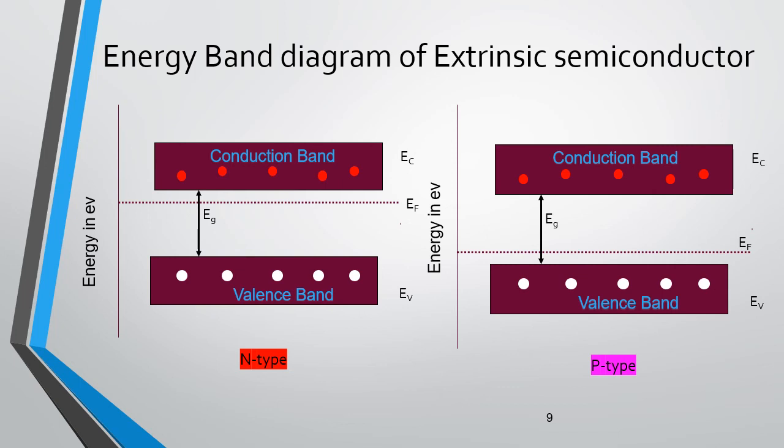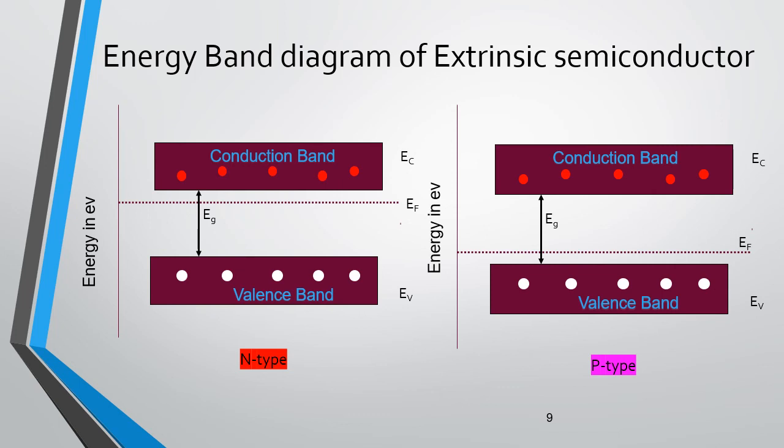For pure semiconductor, your Fermi level is at the center, at the middle, because in your pure type of semiconductor, that is intrinsic semiconductor, the number of holes is equal to the number of electrons. And in your extrinsic semiconductor, extrinsic means you are adding certain impurity to the semiconductor.